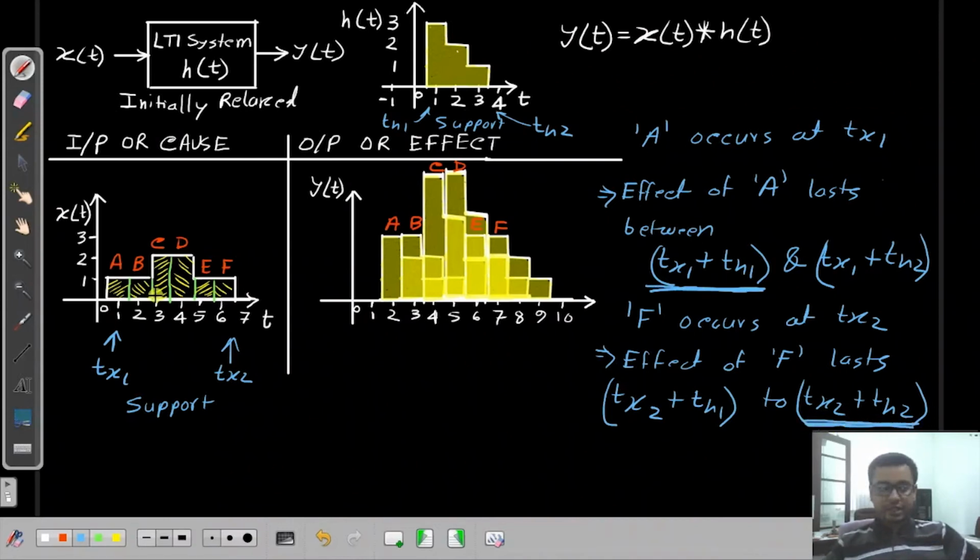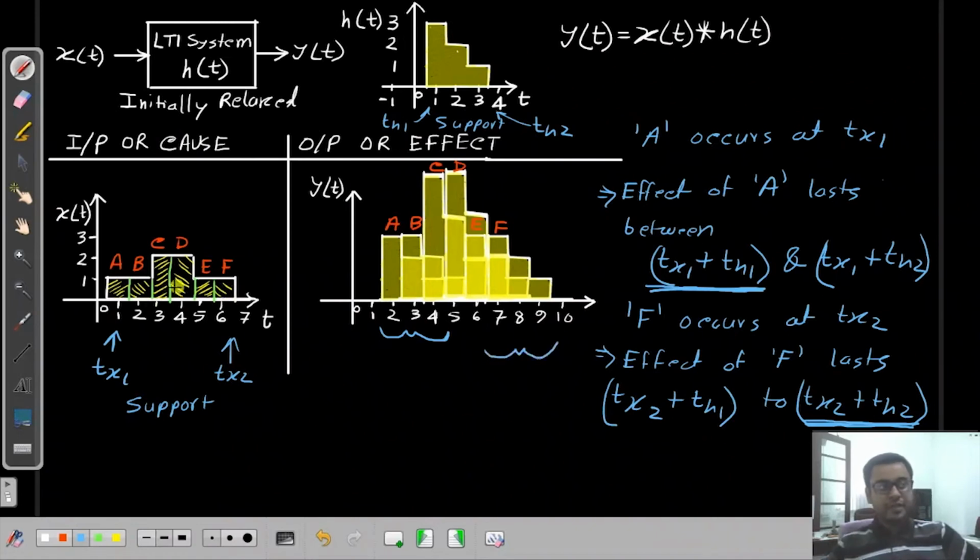All effects due to all other portions will lie between these two times, because the effect of the first part is here and the effect of the last part is here.